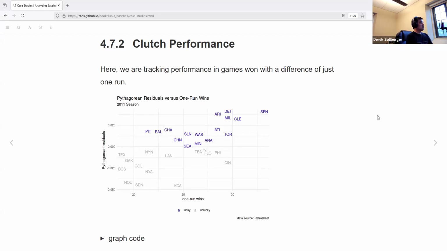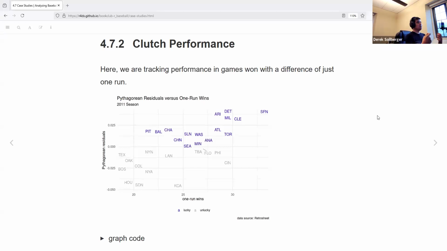We see that in the top right, the San Francisco Giants had many 1-run games and many 1-run victories. And as you could expect, that ended up adding up to how they outperformed the Pythagorean.